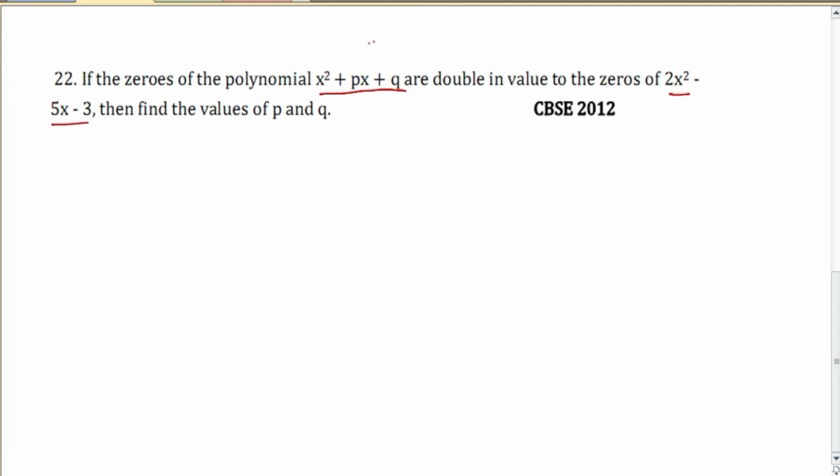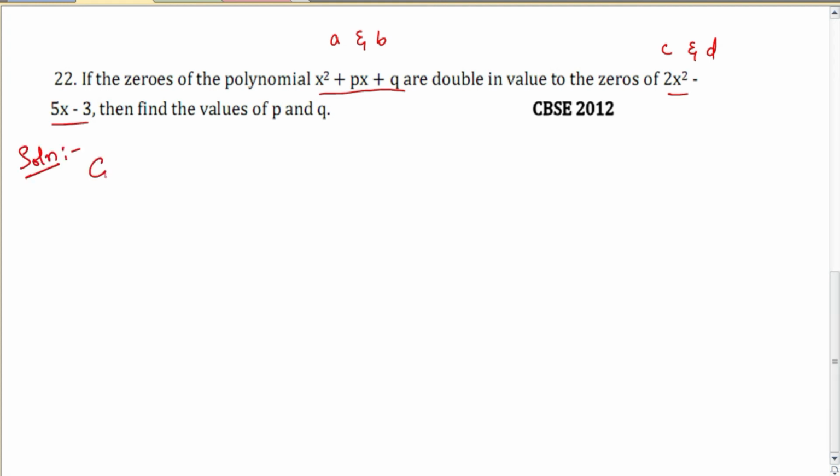Now let us find alpha and beta as zeros of these equations. So let me take a and b, and here let me take c and d as zeros of these equations. Now zeros of the first equation are double in value compared to zeros of the second one.